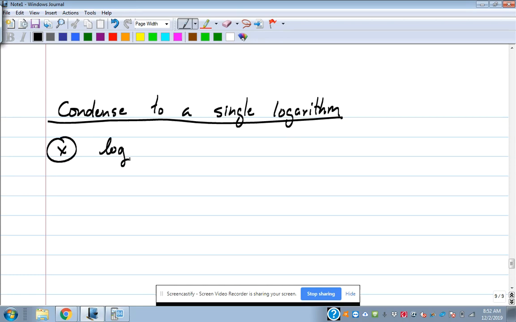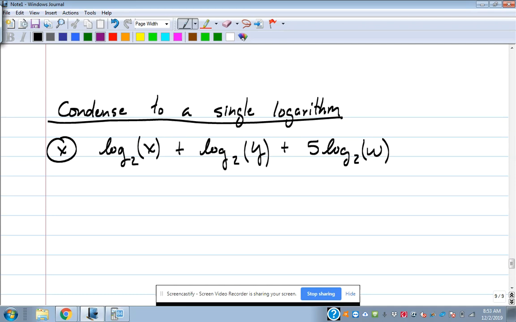Log base 2 of x plus log base 2 of y plus 5 log base 2 of w. Okay, so what are all of them doing? That means it's going to turn into multiplication.